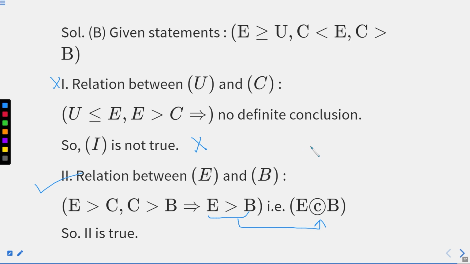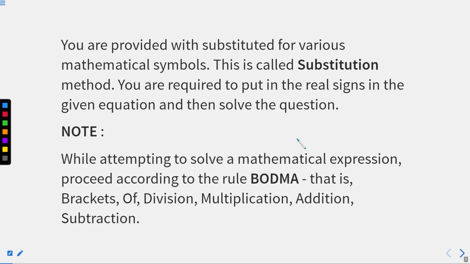I hope you get all those questions in which we are using numerical values, alphabets, and symbols, and we are directly relating them with mathematical tools, or we can say mathematical operations. Eventually, the operations that we are using are based on BODMAS, right? Here we are reading about BODMAS.